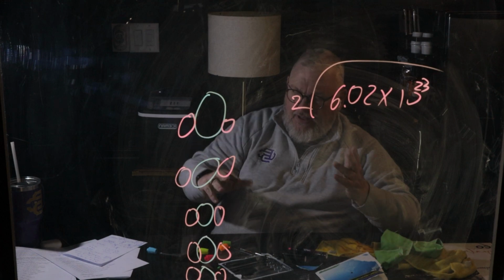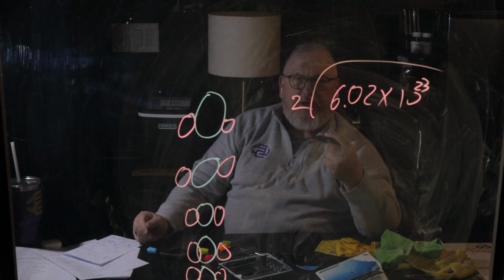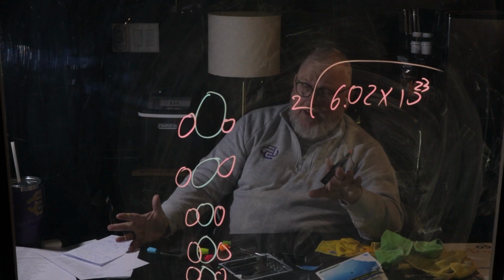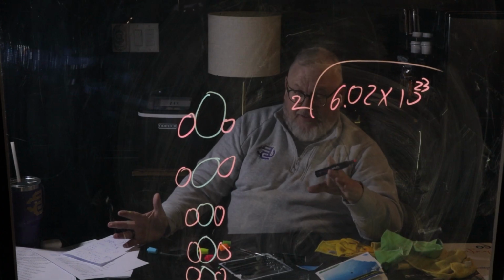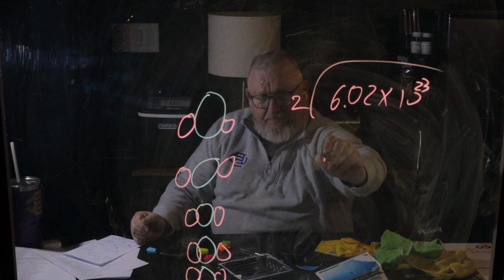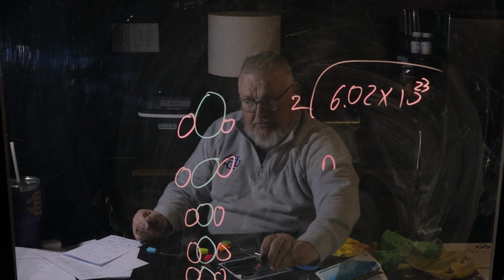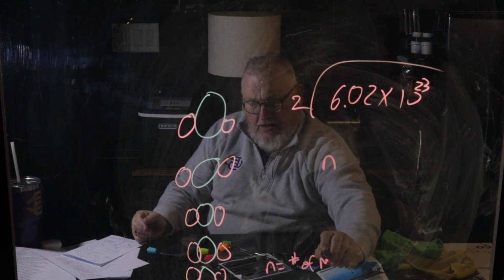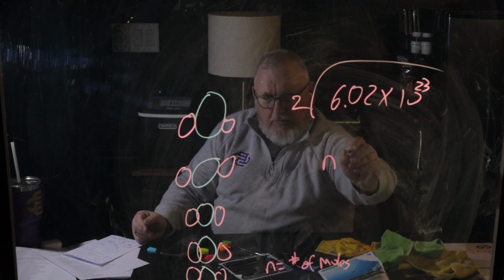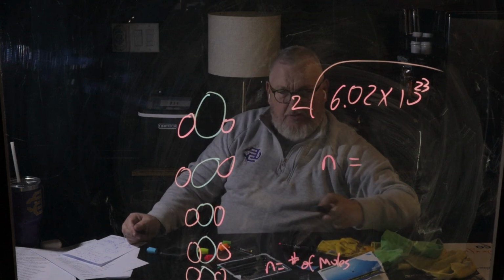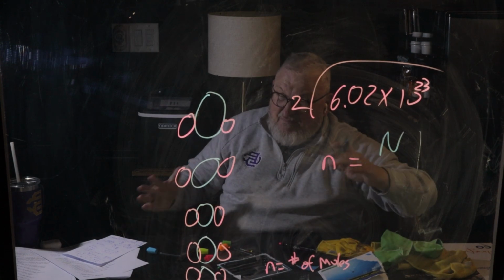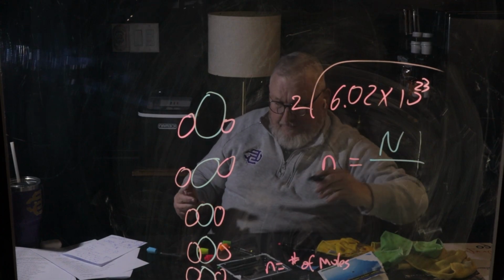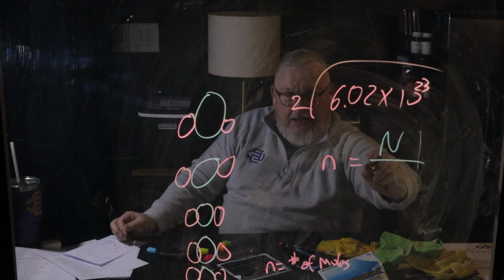Make sense? So we have a formula for how we can calculate this, and it's going to come into play really huge later. It's this: n, the number of moles, is equal to N, the number of particles that you have, divided by NA.